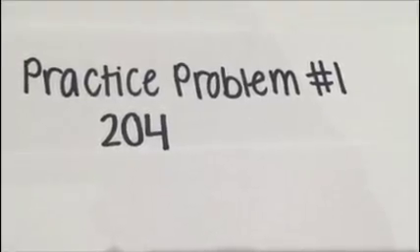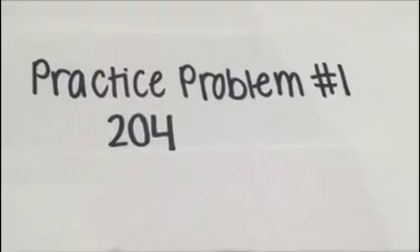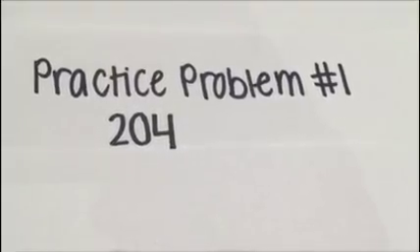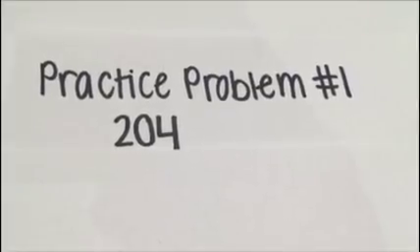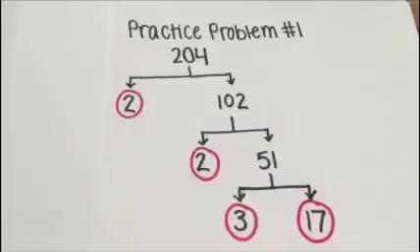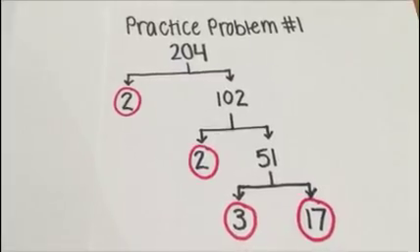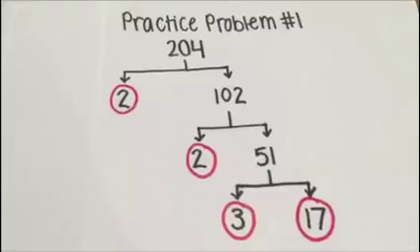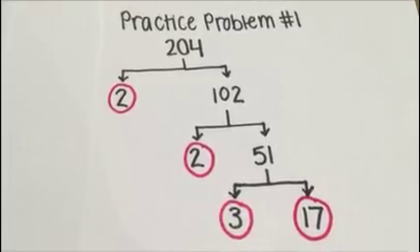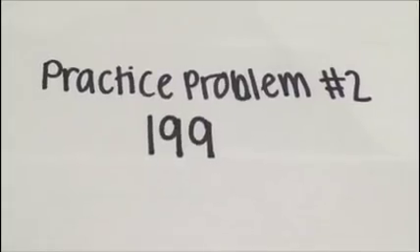Pause here to try and solve the problem. Here's the answer. The prime factors of 204 are 2, 2, 3, and 17. Pause here and check your answers. Here's practice problem number 2.